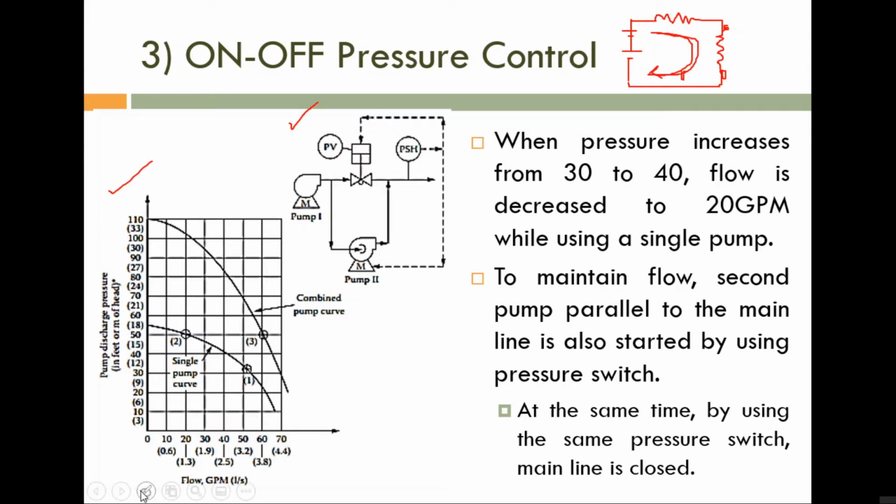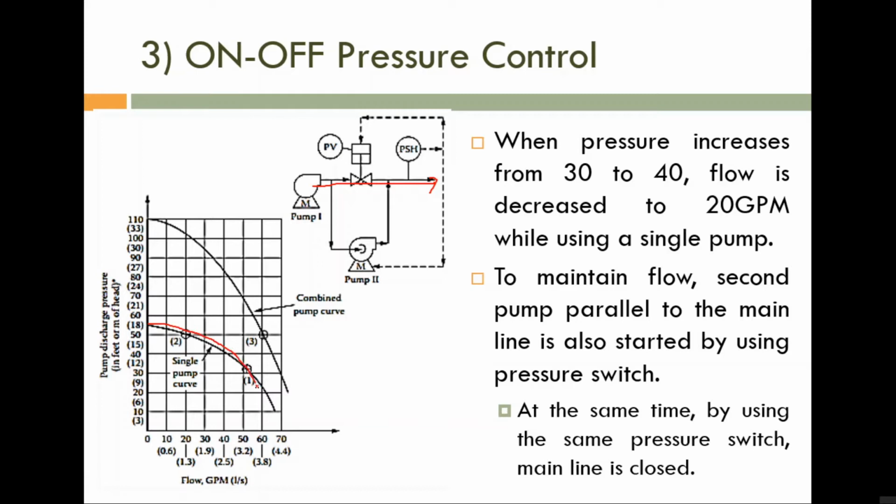So here, this one is a normal pump. That one is normally used here. This one is an additional pump. Normally this one is not operating. Normally this pump alone is operating. This pump is discharging liquid to this side, and the corresponding pump curve is shown here.